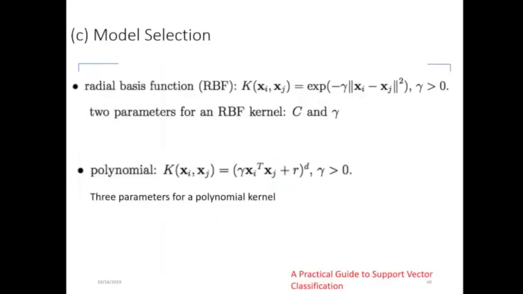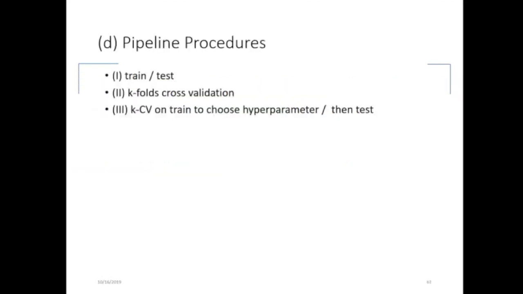All right, you can make the choice between RBF or polynomial kernels. There are also a lot of other types of kernels provided by LIBSVM. But you have to tune the parameters, such as the RBF gamma, and you also need to control the parameter C. So there is C, and there are also kernel-specific hyperparameters.